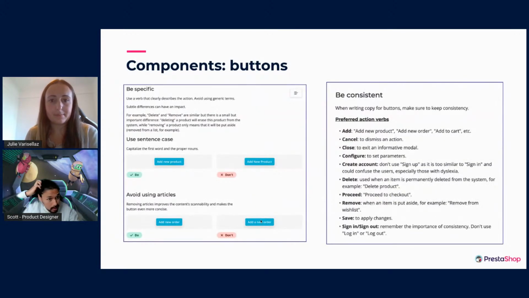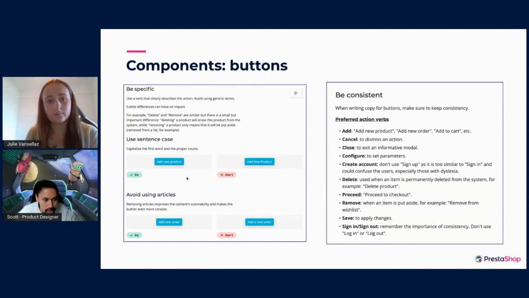So what does it look like? I took the example of the button page. As you can see, text guidelines here, reminding you to be specific, to use sentence case. For example, here we have a list of do's and don'ts. On the left is the do, add new product.